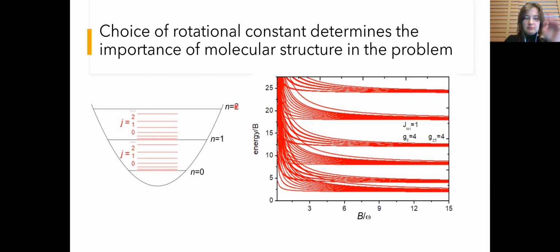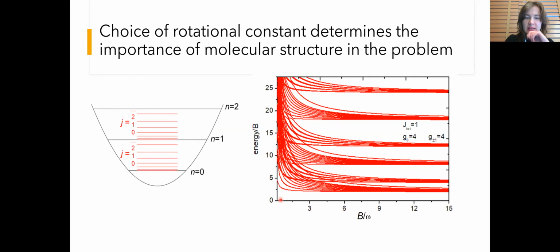When you have a trap and you have the rotational structure, you get these two degrees of freedom, and each of them has its levels. A lot of things change depending on whether the ratio between the rotational constant and the trapping frequency is small or large.